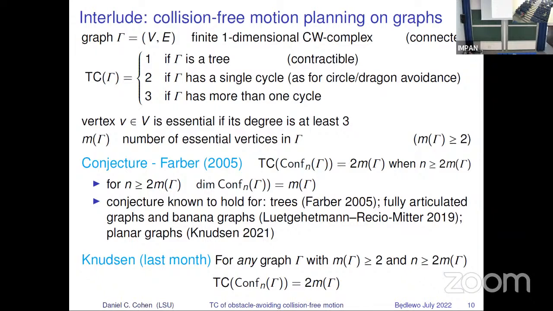This was shown for various types of graphs in the fairly recent past. And then in the very recent past, last month, Ben Knudsen proved the conjecture in complete generality. So if you have any graph with at least 2 essential vertices, and you have, relatively speaking, a large number of robot agents moving on the graph, more than twice the number of essential vertices, then the complexity of the configuration space is twice this number of essential vertices, which is twice the dimension of the configuration space.